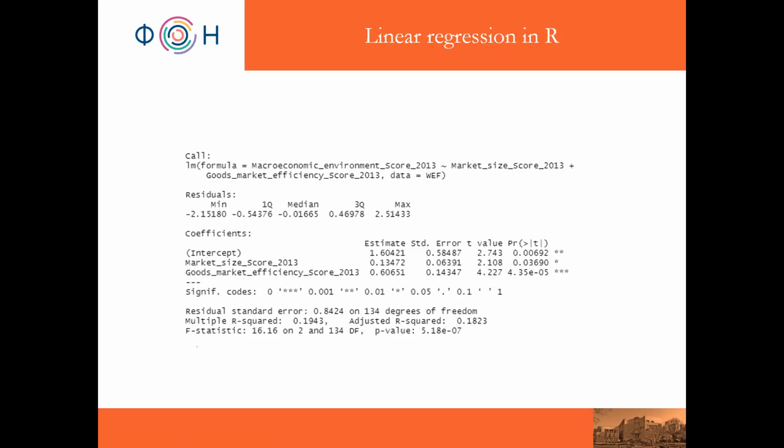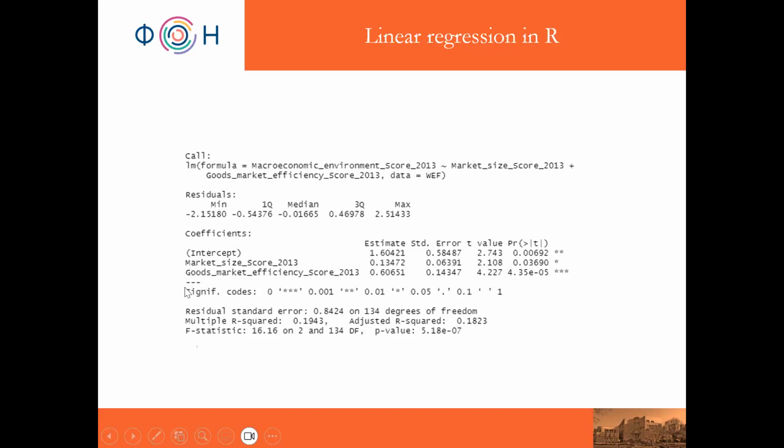So residuals are those differences, and in this upper table we are given, let's say, descriptive statistics of our residuals. So for example, the maximum difference between what we measured and what our model provided us is 2.5. The median residual is minus 0.016. So from here we can see that our residuals are not that large.